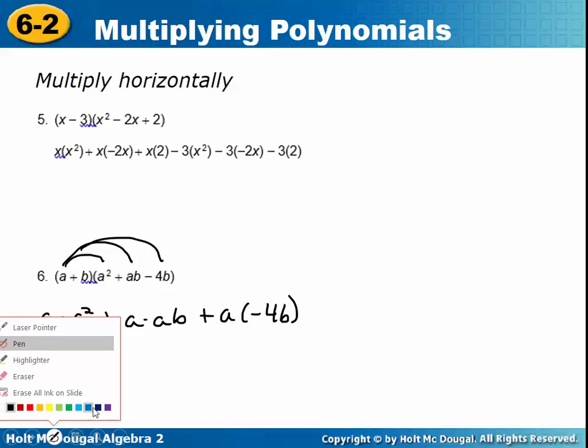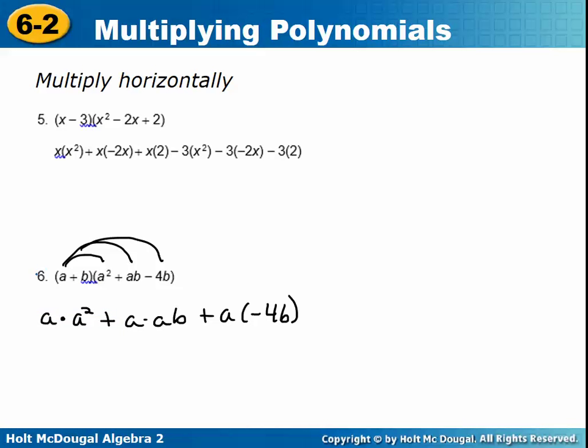Now you're not done, because you also have to do the B. So that would be B times A squared, and then B times AB, and then plus B times negative 4B.